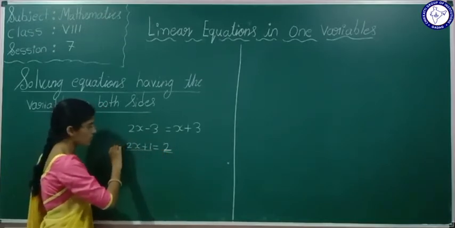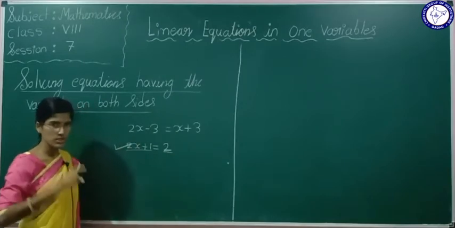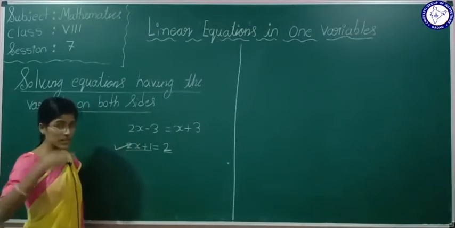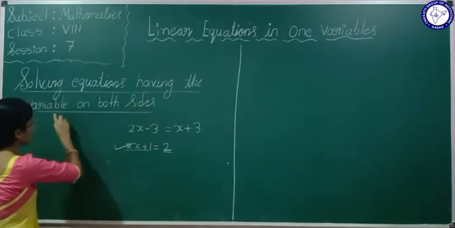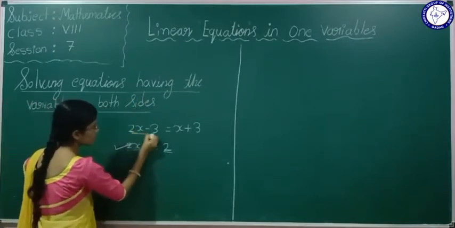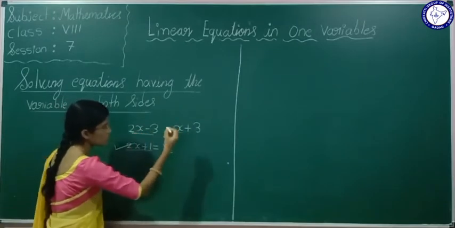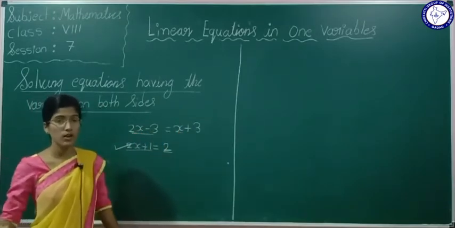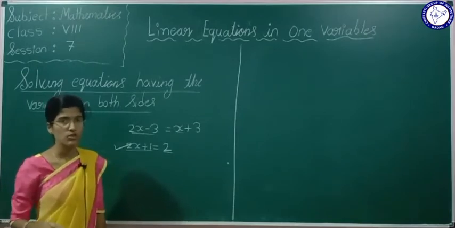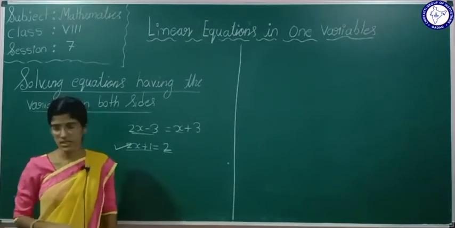We have solved such types of equations in our last class. But in today's class we are going to see variables on both sides. Here also variable is there and here also variable is there. Such type of equations, how we are going to solve, we are going to see in today's class.